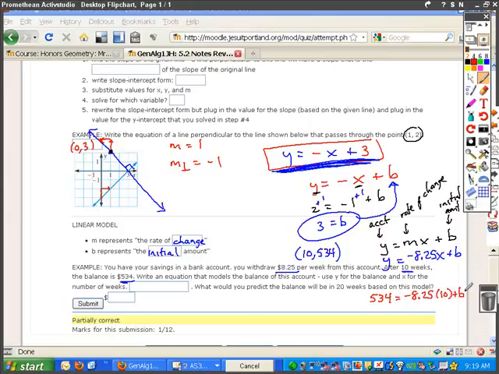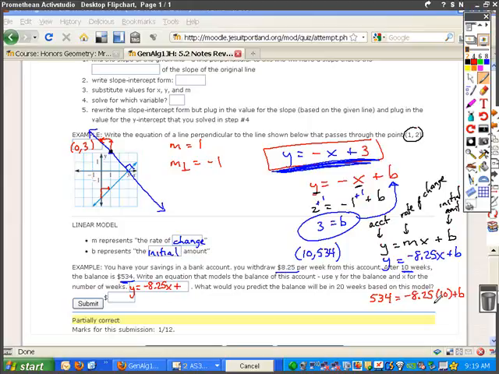We'll be able to find our original amount. Once we find the original amount, we can plug that into our equation, which we know is y equals negative 8.25x plus whatever our original amount is that we're going to solve for right here.